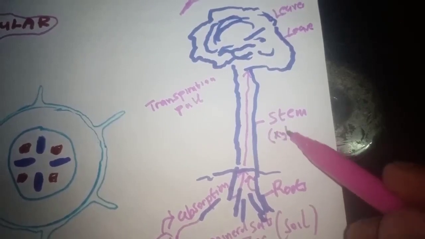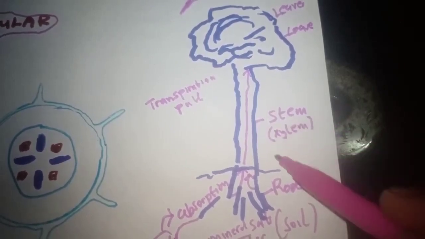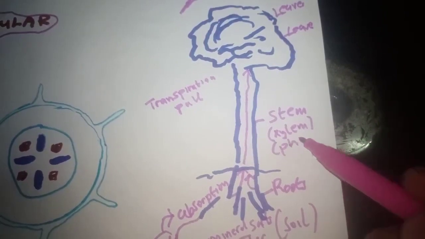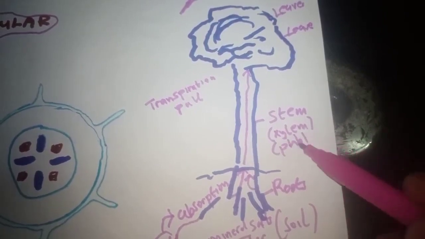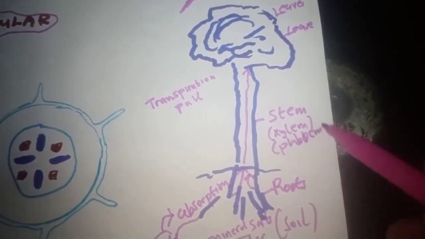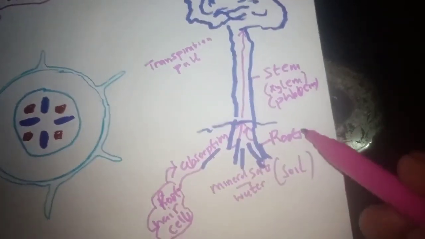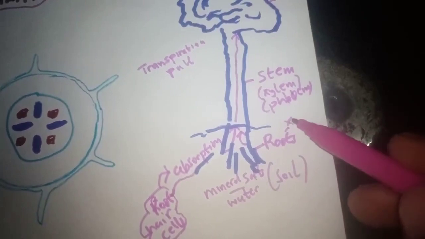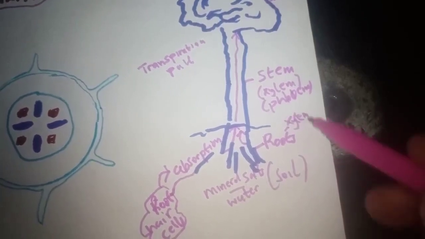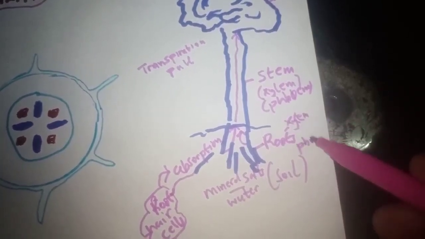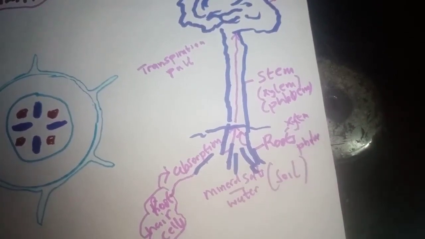One of them is called the xylem, the other one is called the phloem. Now these are also found in the roots. So the roots also contain the xylem and the phloem, for them to transport these things.